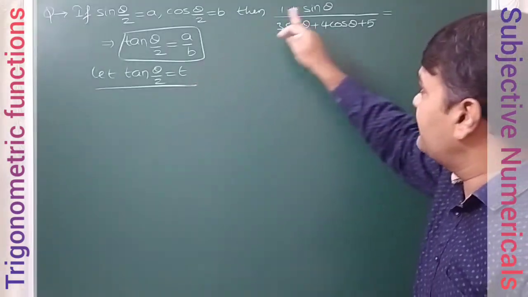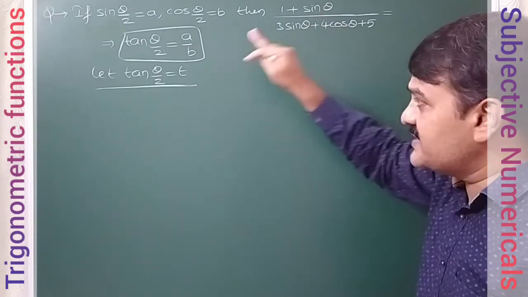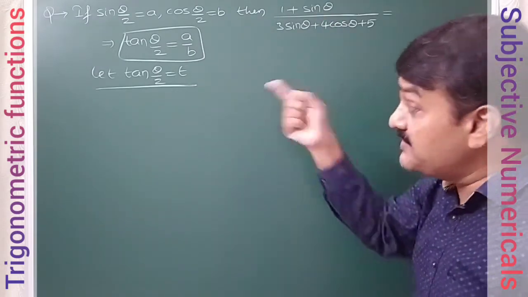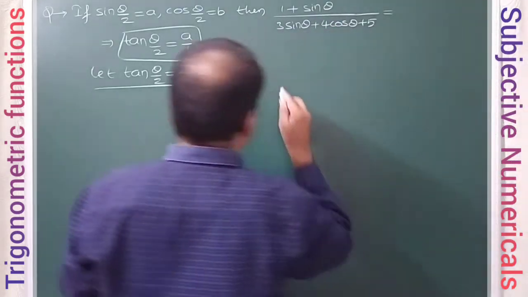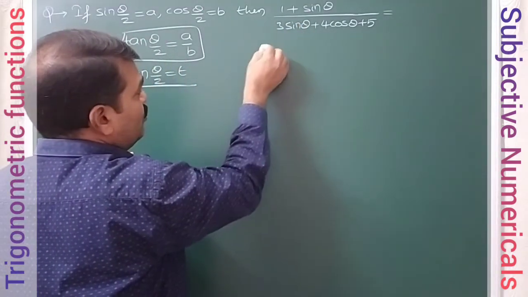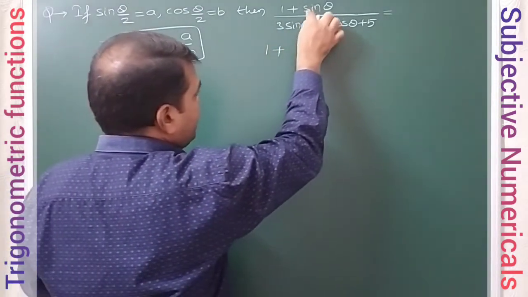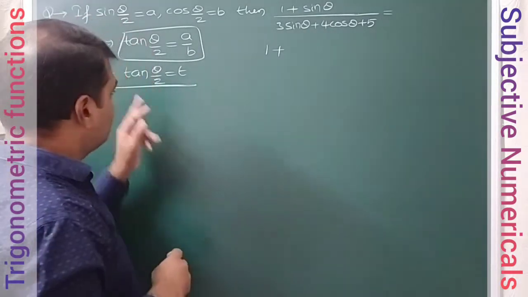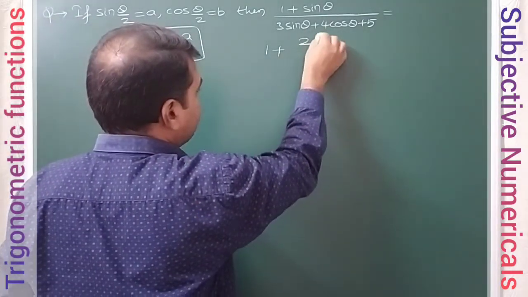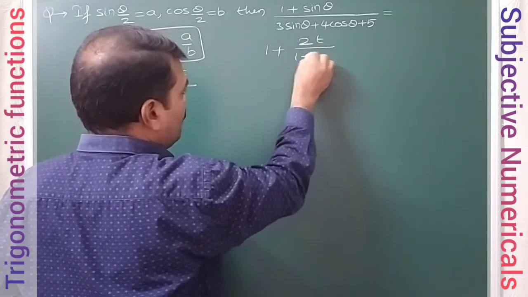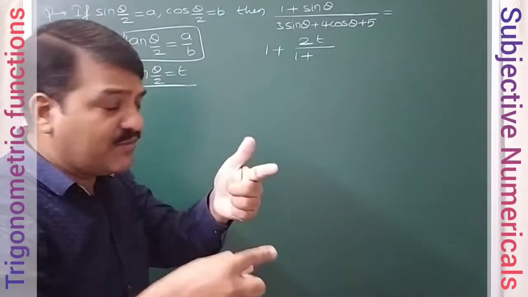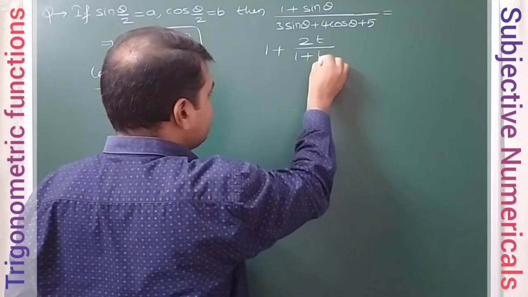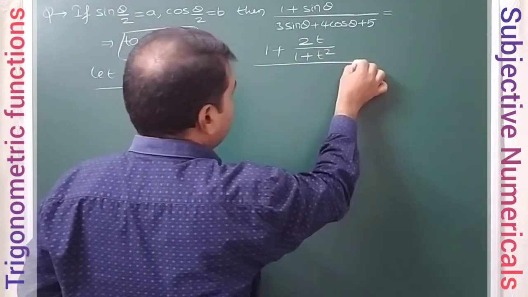So I will write sin and cos formulas in terms of tan theta by 2, that means in terms of T. So the question will be now 1 plus sin theta, 2 tan theta by 2, that means 2t by 1 plus tan square theta by 2, that means 1 plus t square.